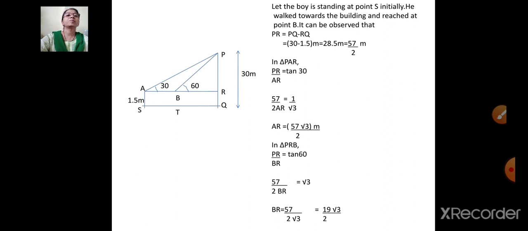So let me explain the diagram first. AS represents the position of that boy, which is 1.5 meter tall, right? PQ represents that building.